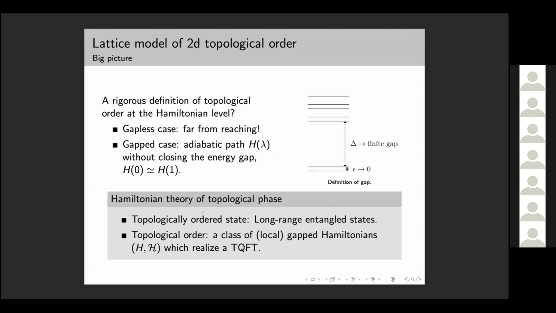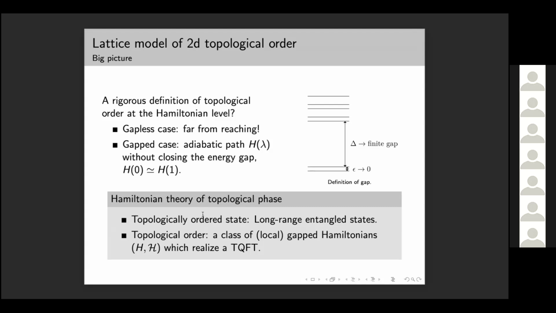But if we take the thermodynamic limit, we consider what is gapped and what is gapless. Gapped means that in the thermodynamic limit, there is always a finite gap between the ground state and the first excited state. This is the physical definition of the gap.